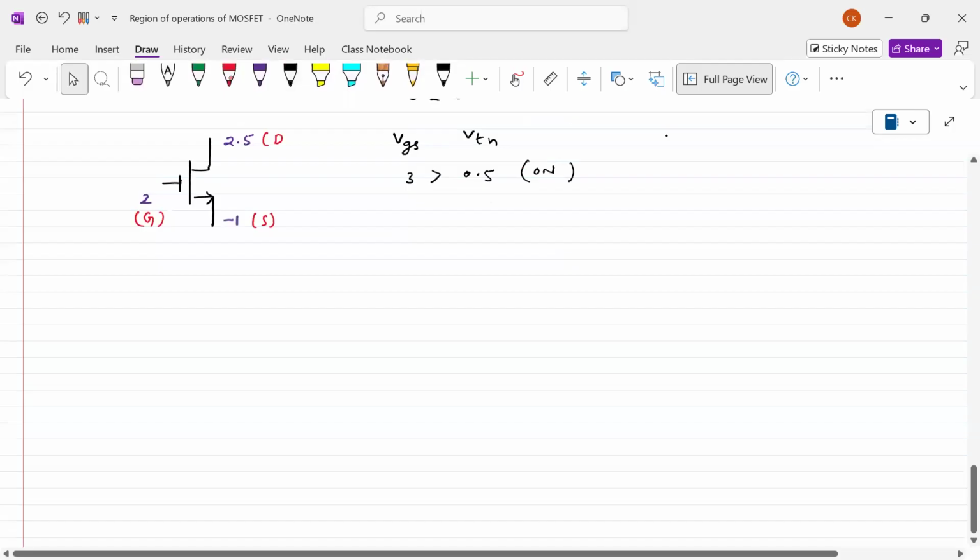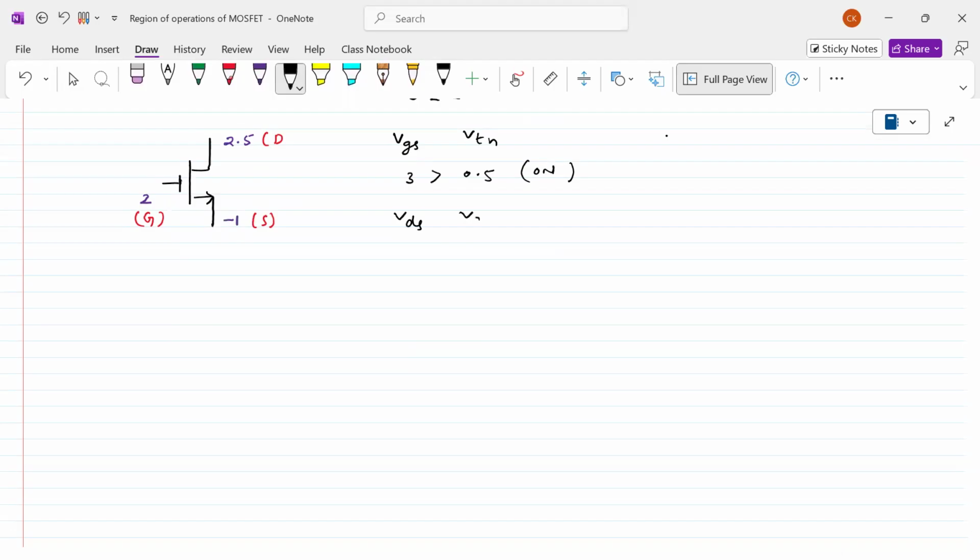Now, if it is on, we should look at VDS against VGS minus VTN. This difference is 3.5, right? What about VDS? I told you 2.5. Therefore it is in saturation.